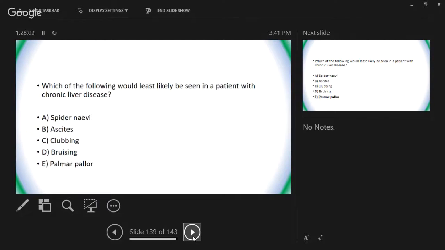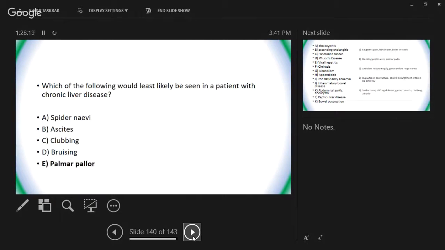Anyone got an answer for me here? So, those ones are also under the liver problems.